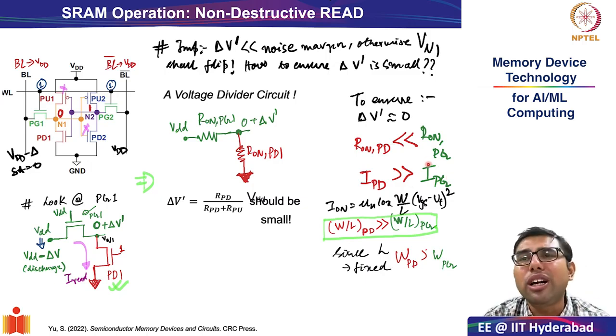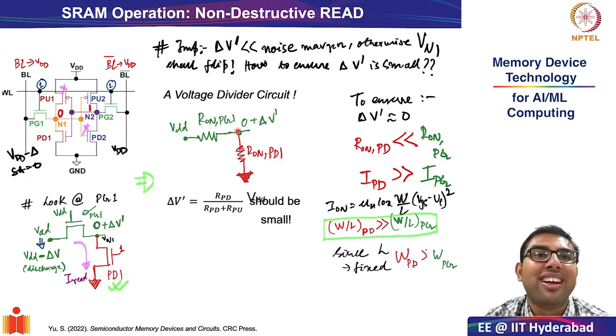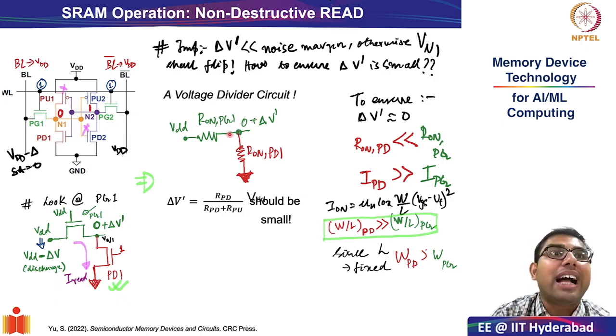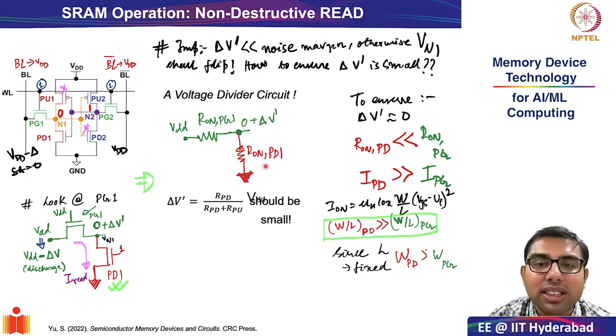Okay, a very logical way to look at the same is, suppose there is a tug of war between guy PG1 and guy PD1. If I want to bring the voltage close to 0, which is on the other end of PD1, it is but obvious that PD1 should be the stronger transistor, right?